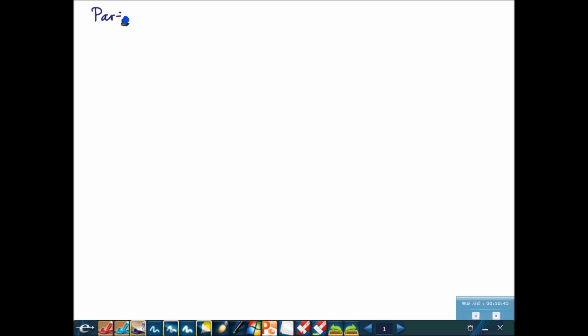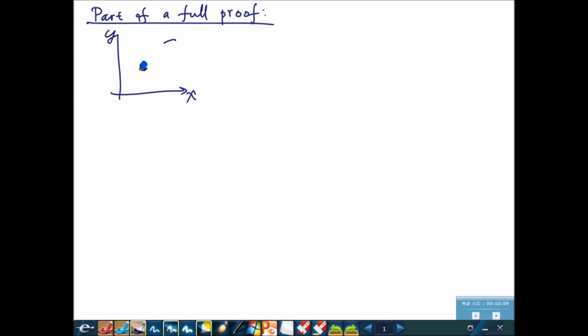This is a part of the full proof. This is not the proof of everything, just a part. In the textbook, it says we have this kind of region. From the x perspective, x goes from a to b, with upper bound v of x and lower bound u of x.